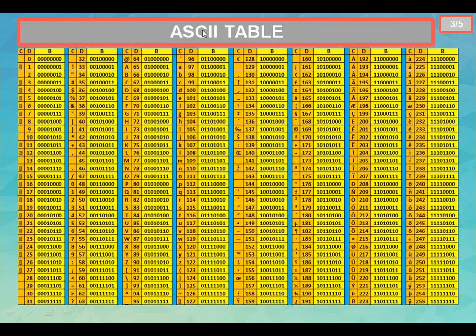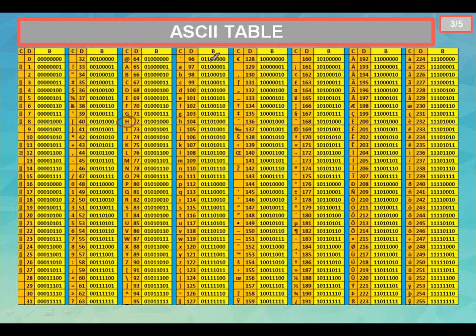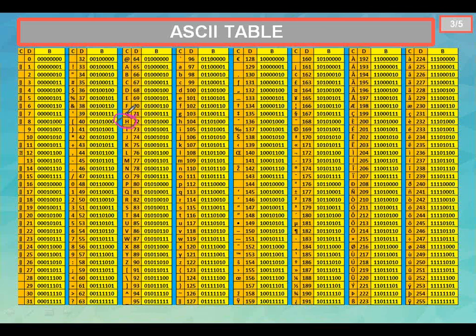If you have an English character, for example, H, let us take capital H. The binary code for capital H is these 8 bits: 0, 1, 0, 0, 1, 0, 0, 0. For every English character, they have put a different binary code.